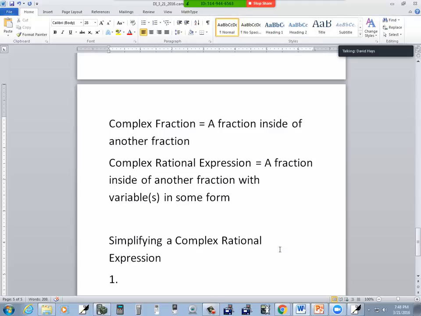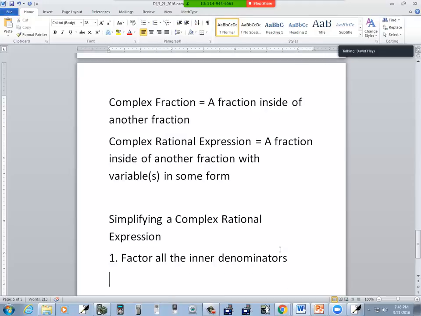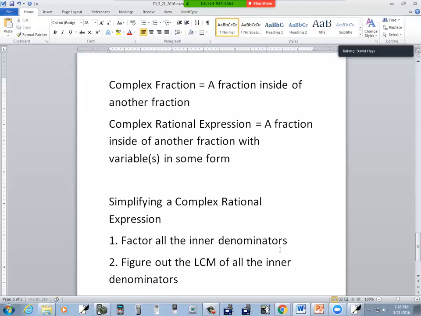Step 1 is to factor all the inner denominators. And we'll see what in the world I mean by that when we look at an example. Now step 2 is to figure out the LCM of all the inner denominators and multiply everything by it.